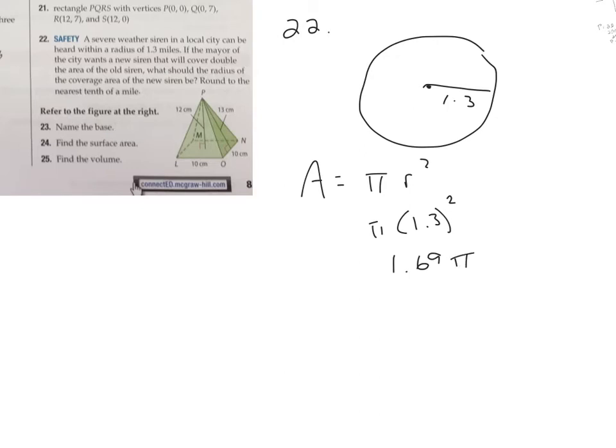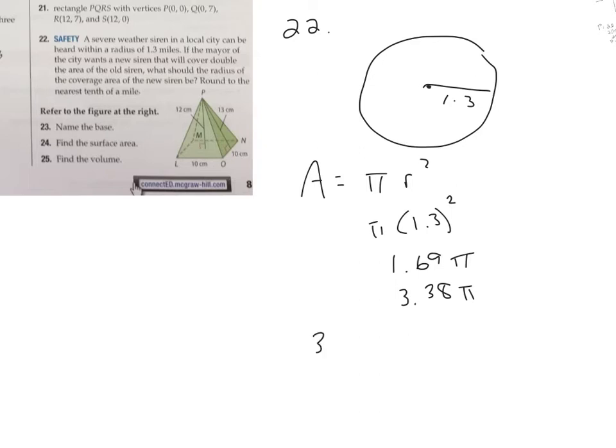Now, if the mayor wants to double the area, we just take 1.69 pi and multiply it by 2. That's going to give us 3.38 pi. If that's the new area, what would the radius be? So what we're going to do is plug this in for area and then solve for radius.